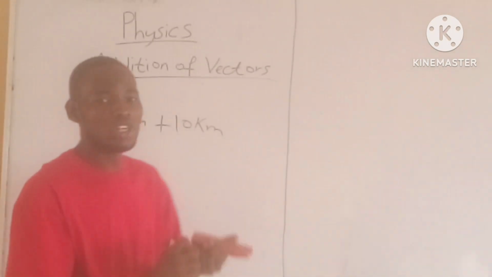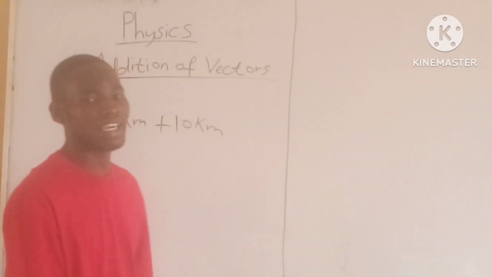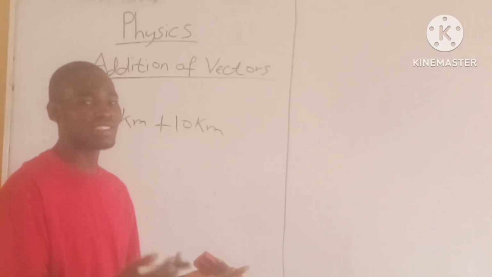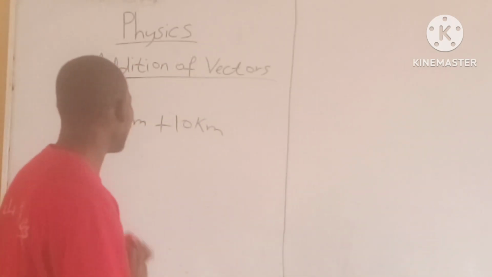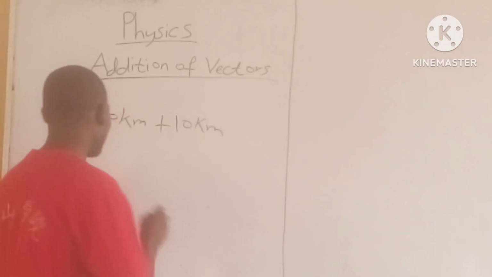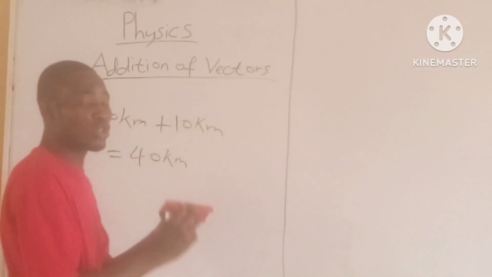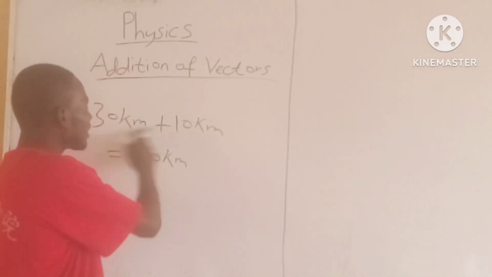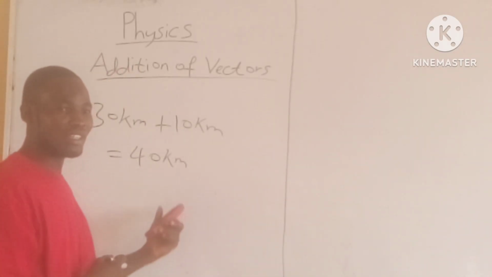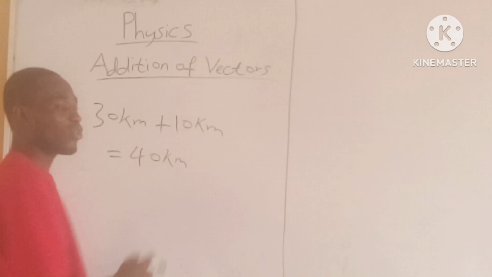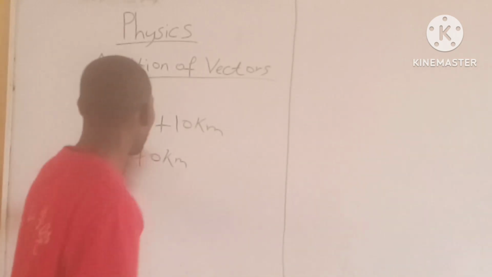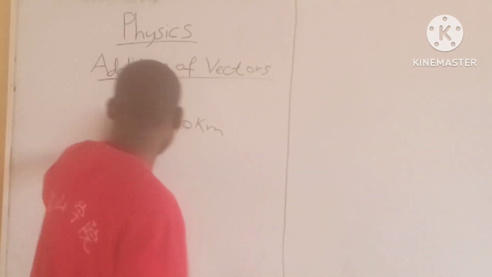Now, what is the resultant distance? What is the net distance? What do you need to do? You simply add them, 10 plus 30, which will give you 40 kilometers. This is where you use simple arithmetic to add the quantities, and you got 40 kilometers.